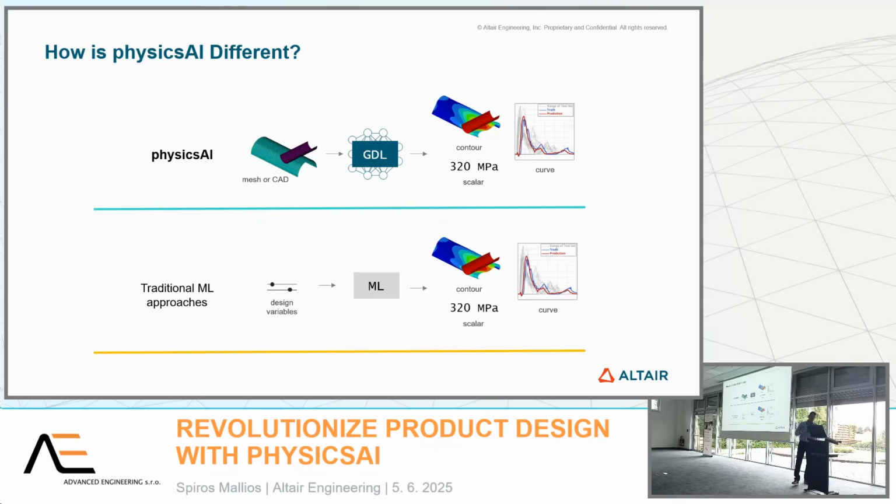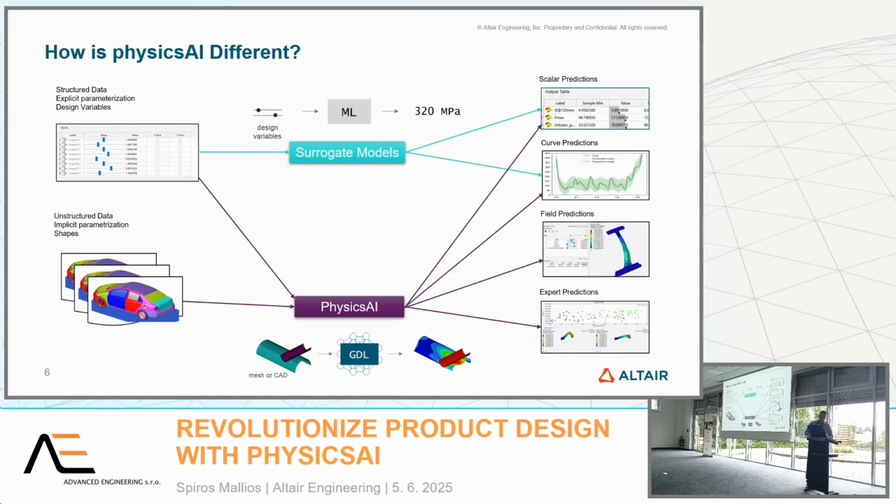This is a slide I like a lot because it allows people to graphically see when to use PhysicsAI versus other machine learning methods. The left side is basically what you already have.